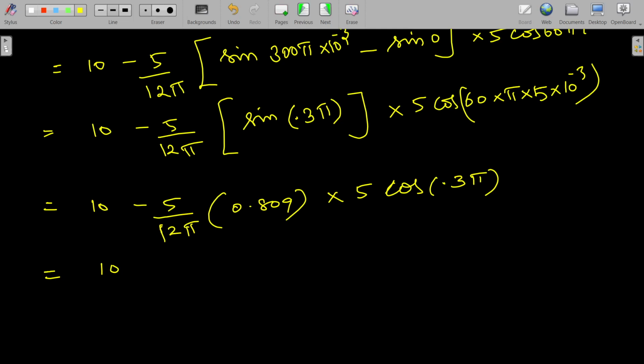So it is 10 plus 5 into 0.809, that is 4.045, divided by 12 pi, multiplied by 5 into cos 0.3 pi, which we have already calculated. Five into cos of 0.3 pi is 0.587.